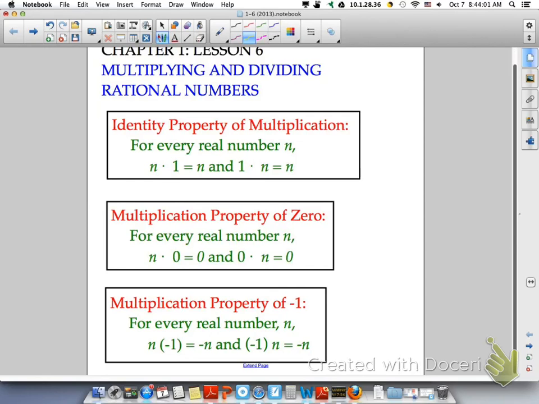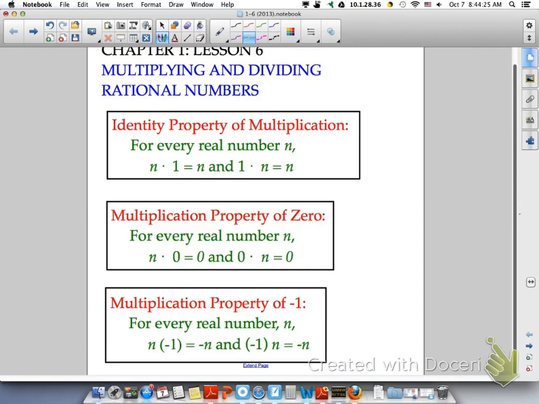I think you could say any positive number times negative 1. Now, does n have to be a positive number? Yeah, because a positive. For every real number. Oh, real. Now, when you say real number, it includes everything, right? Yeah. Positive numbers and negative numbers, rational and irrational.